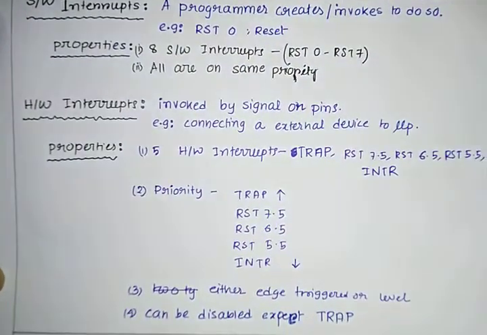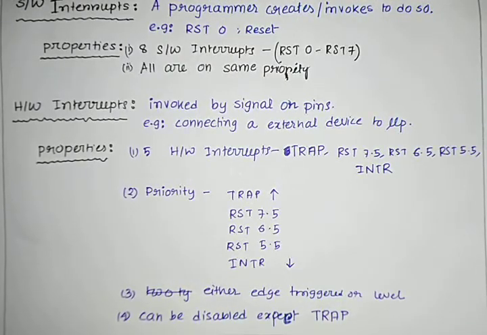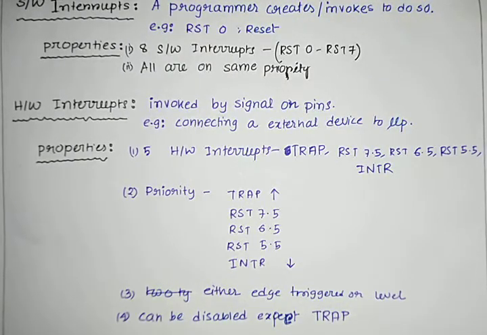Now hardware interrupts can be either edge triggered or level triggered. I will discuss what edge and level triggering are. And next, hardware interrupts can be disabled except TRAP, because it is the highest priority interrupt, and this is for some special task.